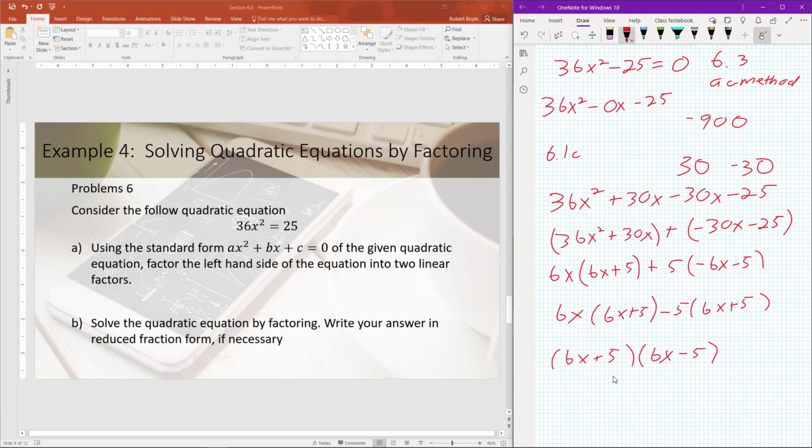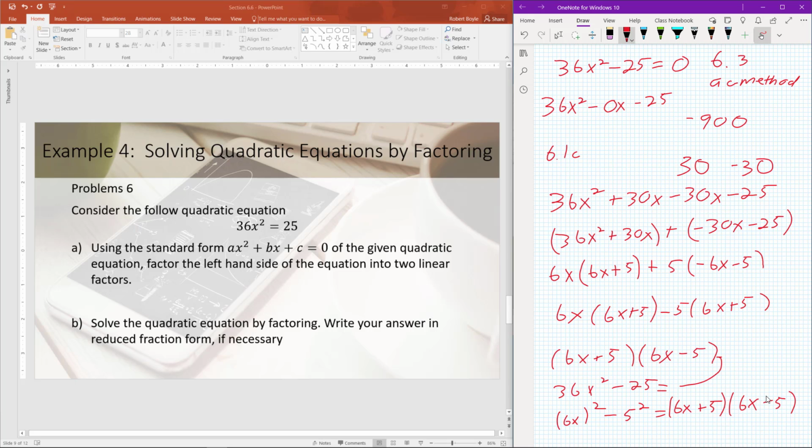Okay, so notice I had 36x squared minus 25, and it happens to be equal to this. Now also notice that I could rewrite 36x squared as 6x, the entire thing squared, minus 5 squared, and that is equal to 6x plus 5 times 6x minus 5.